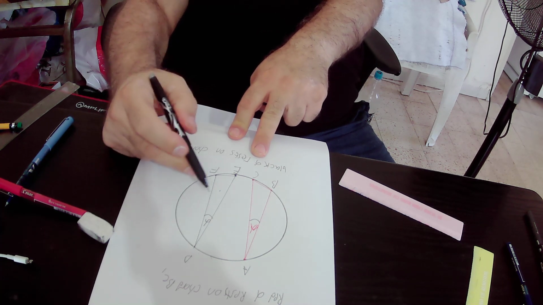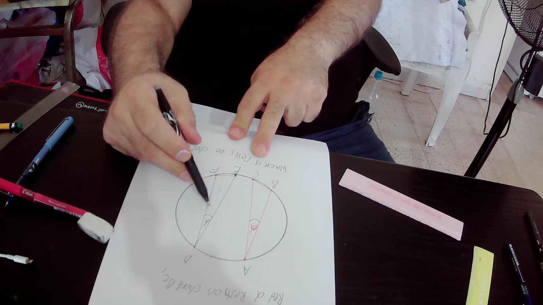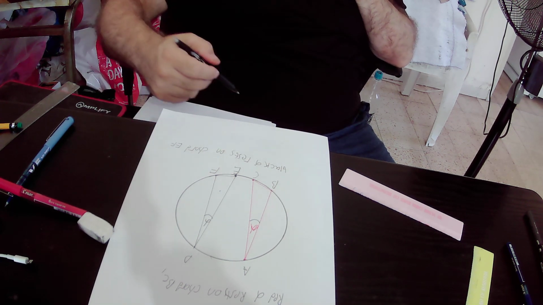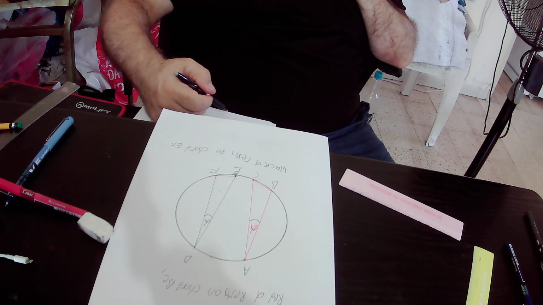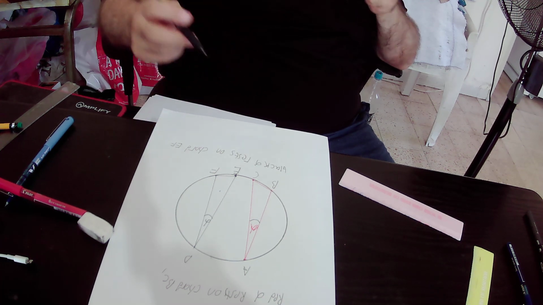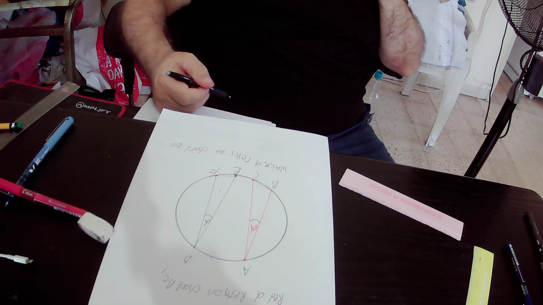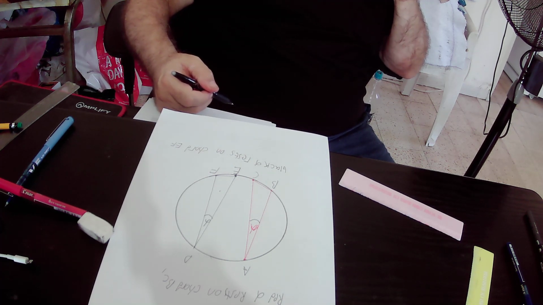Okay, the black peripheral angle alpha rests on chord EF. So, according to rule number 3, because those two angles are equal to each other, they rest on equal chords.